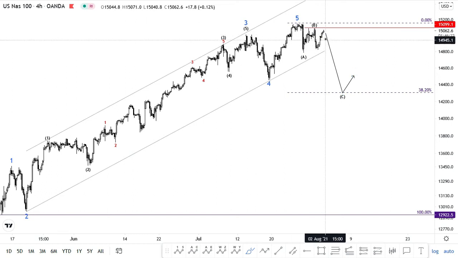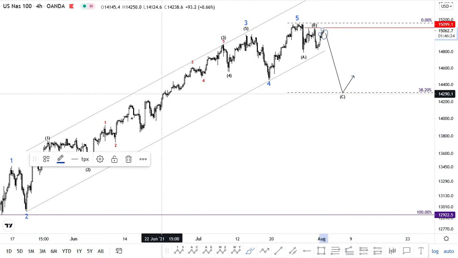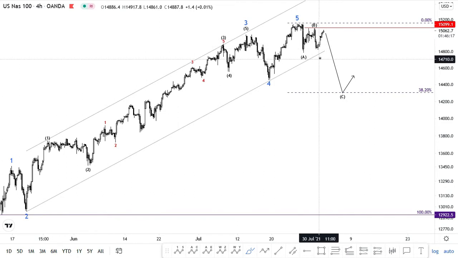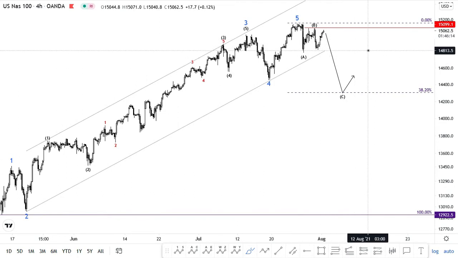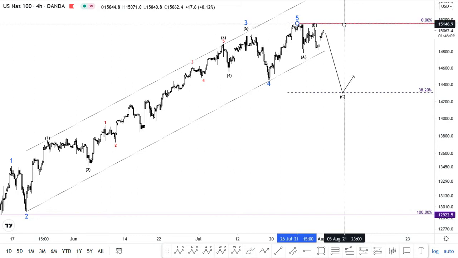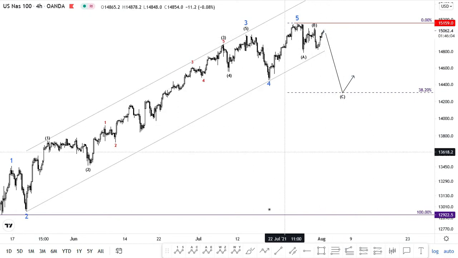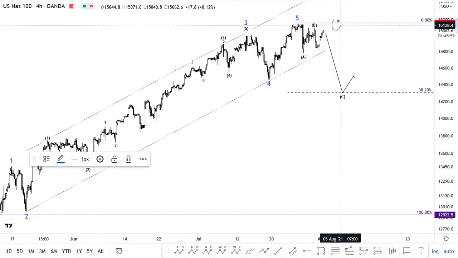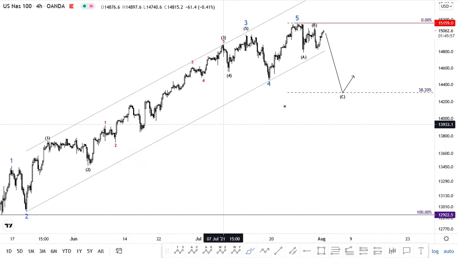I am still keen on watching and hoping to see what price will unfold like from the current price movement. So I might as well adjust my invalidation level to this point, but I'm hoping to hold and keep my sell thoughts as long as price is trading below this invalidation level. So yeah, that's it guys.